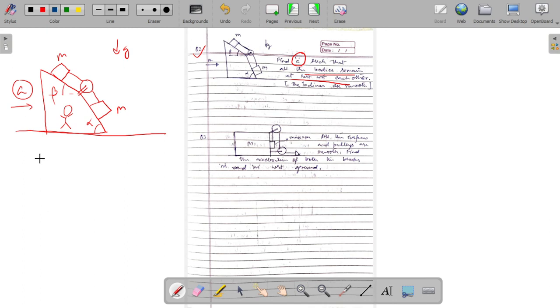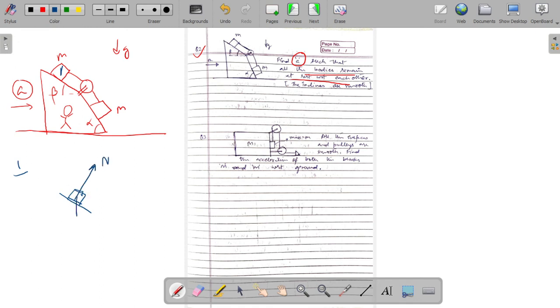And after that, we decide that we will be drawing the free body diagrams. So let's say this mass is mass number 1. For the first mass, what is the acceleration with respect to the moving frame? For the moving frame, the mass m is not moving.